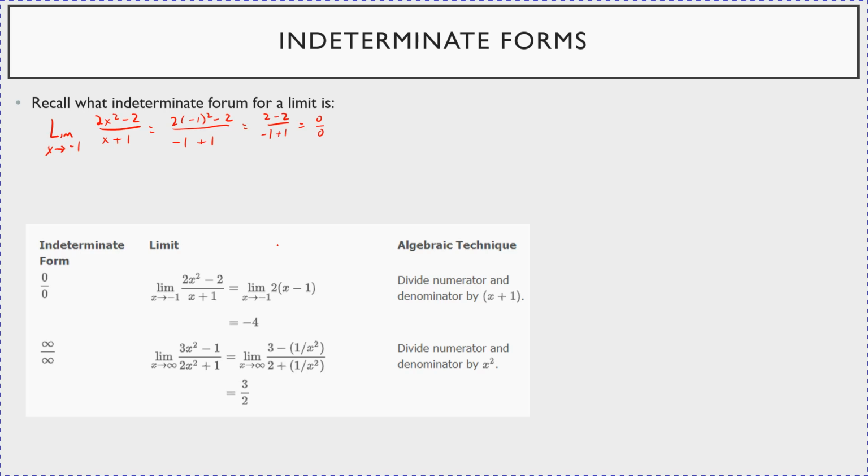There was an algebraic technique as stated here to solve. I want to show you, in the next couple of slides, this L'Hopital's rule, which is an alternative way of evaluating limits that have indeterminate forms.